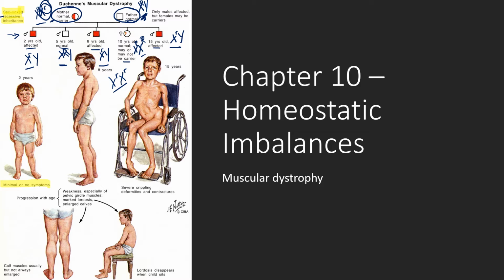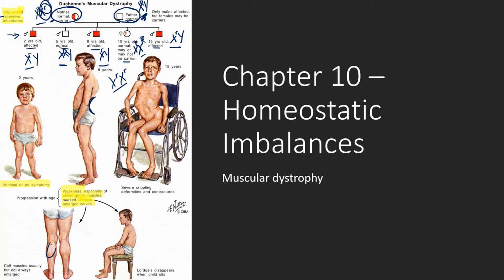So here you can see this child is starting to develop a lot of weakness, especially in their pelvic girdle muscles. Also this lordosis, or this extra curvature in the back here in the spine. And also another symptom is enlarged calves, as you can see in this bottom picture here.